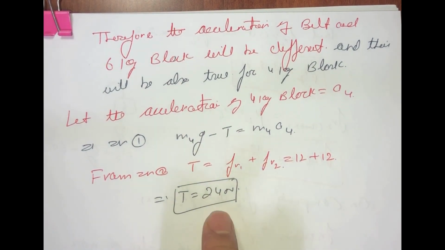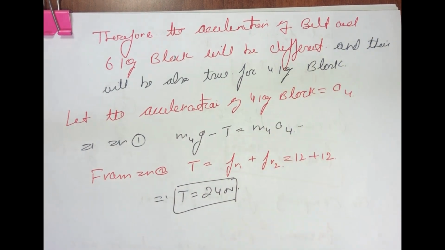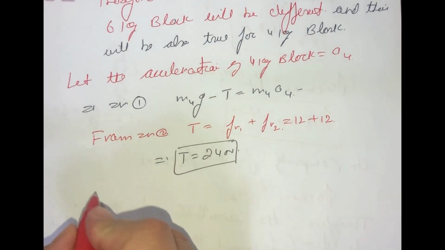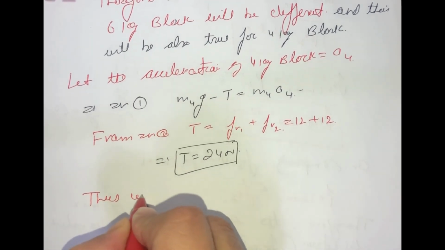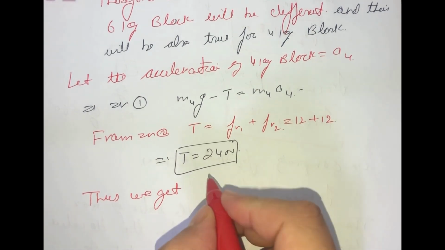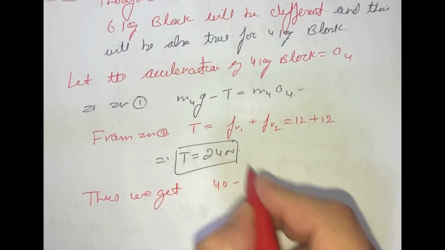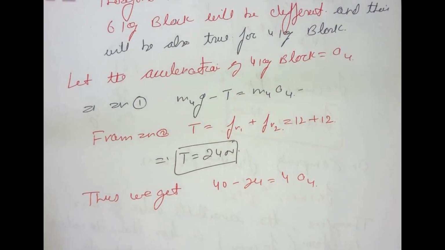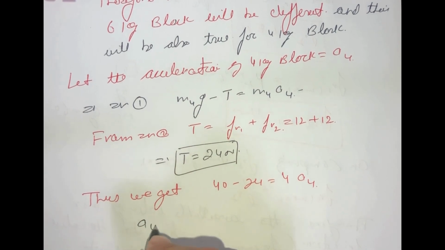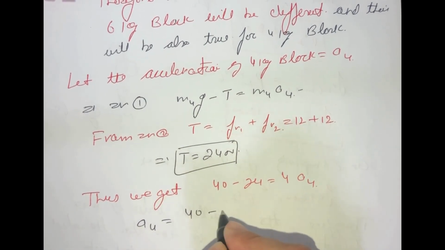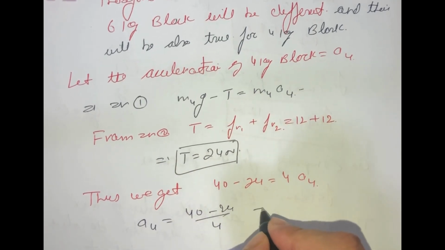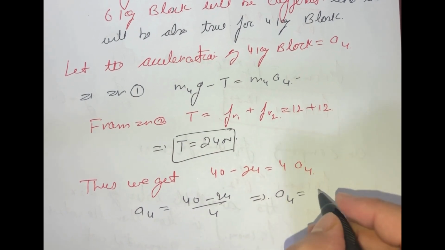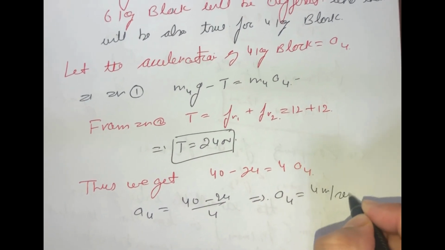Now let us substitute this value into this equation and find out the acceleration A4. M4 is 4, G is 10, so this will be 40 minus 24 equals 4 multiplied by A4. So we get A4 is equal to 40 minus 24 divided by 4, which gives the acceleration of mass 4 as 4 meter per second square.